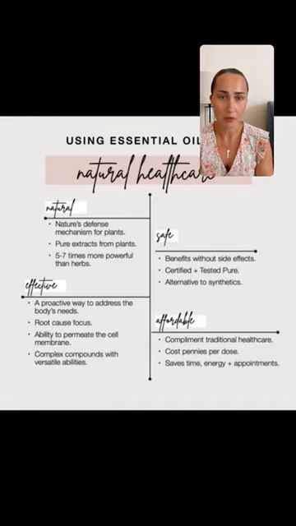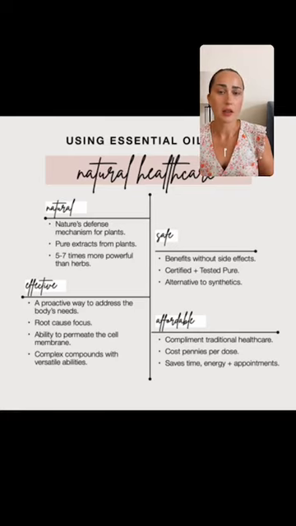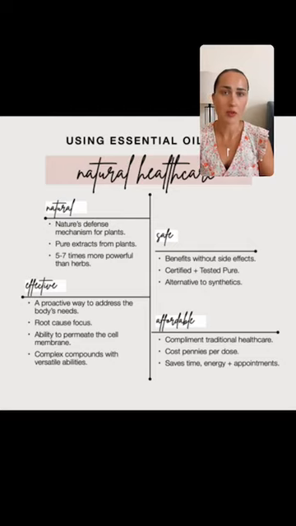They're not hiding any information whatsoever. This is much better than the synthetic versions, because you may not notice when you put some store-bought oil into a diffuser, and over time it can build up and be really harmful for your health, your hormones, which is like the number one thing these days, right? And it can even affect your brain.